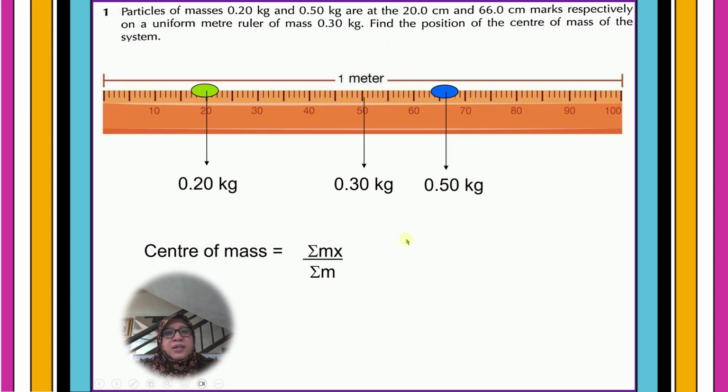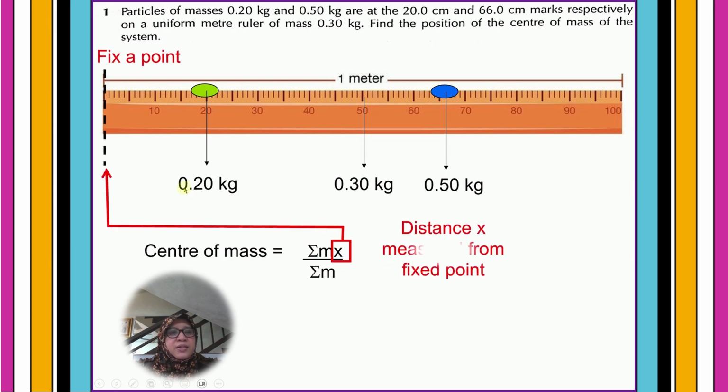They are all at horizontal positions, so we just calculate the center of mass along the horizontal. First step, we choose the fixed point at the 0 mark here.